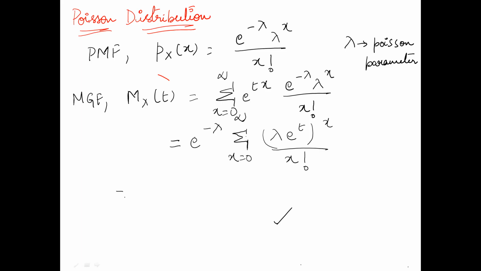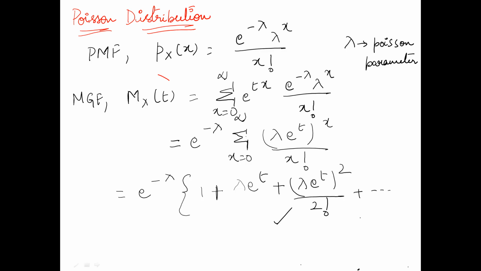So this is going to be e power minus lambda, and this will be 1 plus lambda e power t whole power 1 by 1 factorial, right? Plus, after expanding it, lambda e power t whole square by 2 factorial, and so on and so forth, plus lambda e power t whole power n by n factorial, and then that continues.